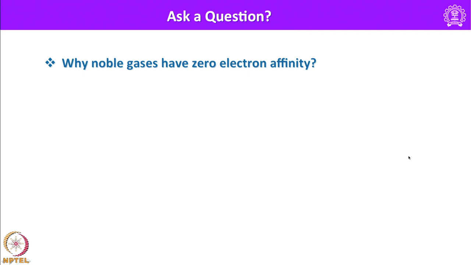Let us look into another very interesting question: why noble gases have 0 electron affinity. This is because all noble gases have completely filled valence shell, that means all the noble gases have s2p6 electronic configuration, and because of this configuration all electrons are held firmly and it is very difficult to ionize the electrons to generate cationic species.